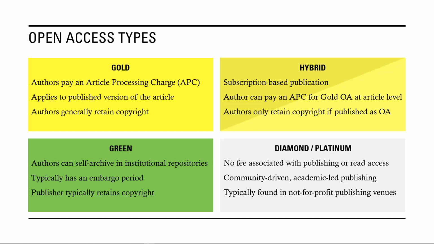Another open access model is Green. Green Open Access, otherwise known as self-archiving, allows authors to self-archive articles in an institutional or open access repository. Here are a few key differences with Green Open Access as compared with other open access models.